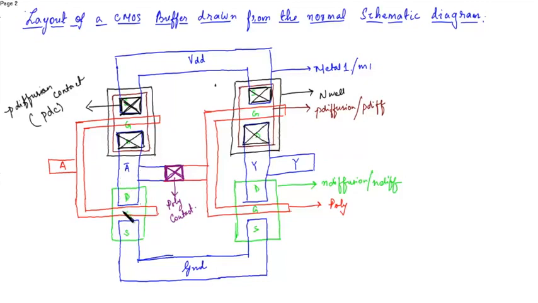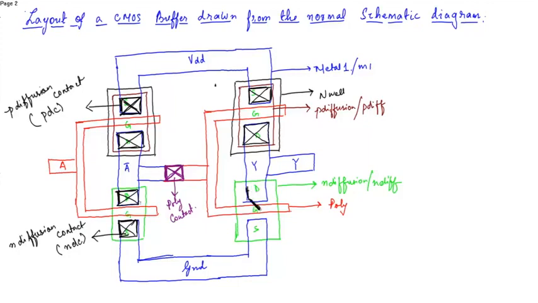Now in the N diffusion layer, you have to connect the N diffusion layer with the metal layer. So you have to place an N diffusion contact, or say NDC contact.